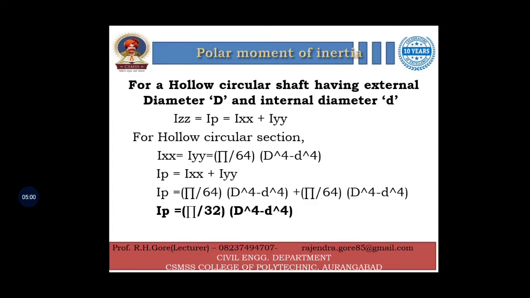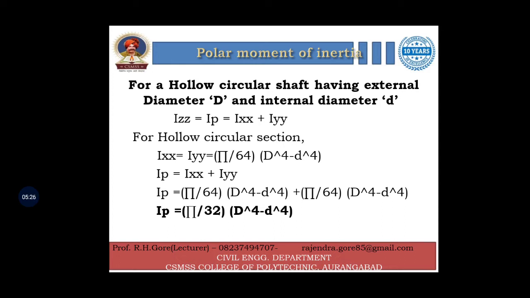For a hollow circular shaft having external diameter capital D and internal diameter small d, the polar moment of inertia is equal to Ixx plus Iyy. For a hollow circular section, the moment of inertia about xx and yy axis is pi by 64 into capital D to the power 4 minus small d to the power 4.